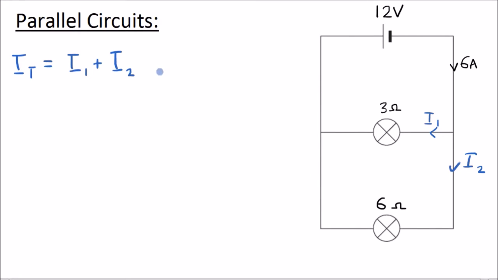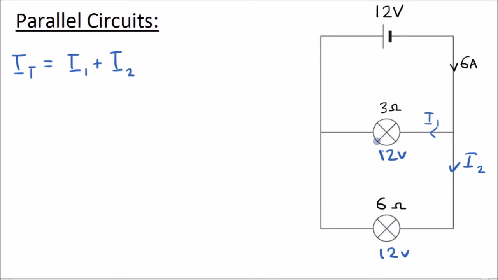Okay, so now let's look at the voltage or the potential difference across each lamp. The potential difference across each of the lamps is 12 volts. And this is because the energy per unit charge is the same. So you'll have 12 volts across here, and you'll have 12 volts across that lamp there. So the energy per unit charge is the same.